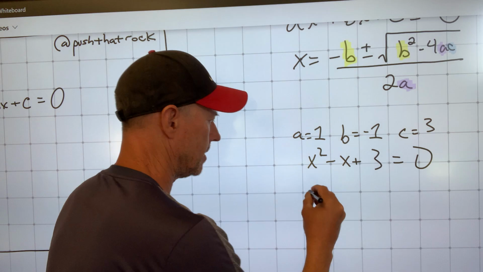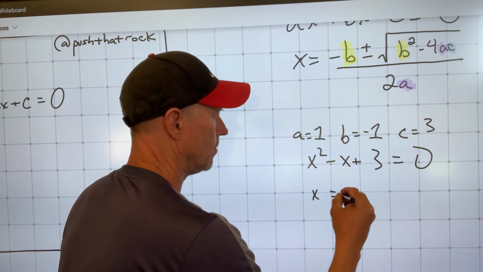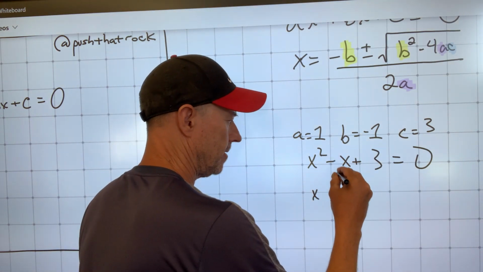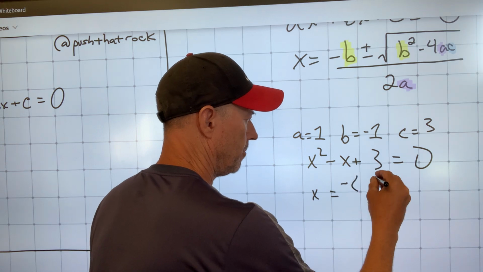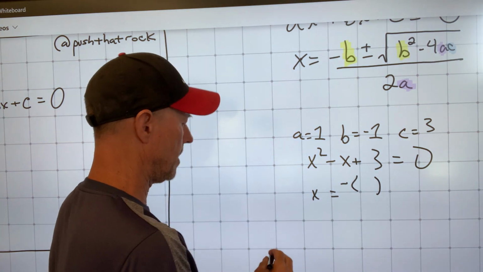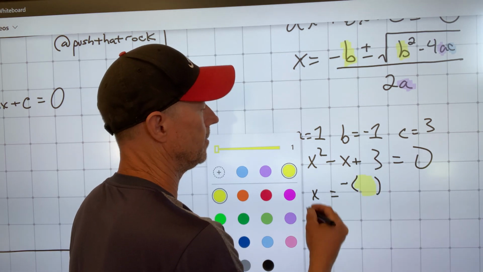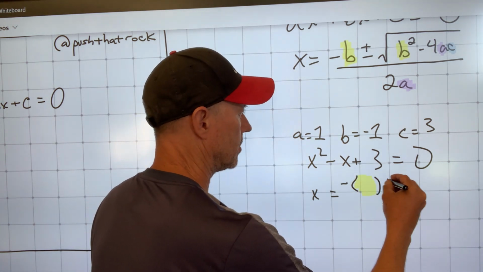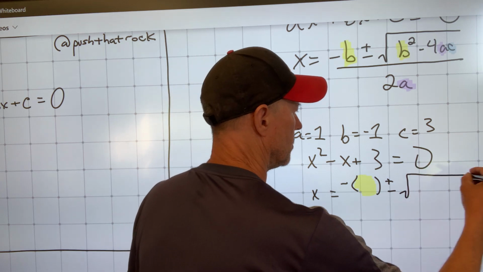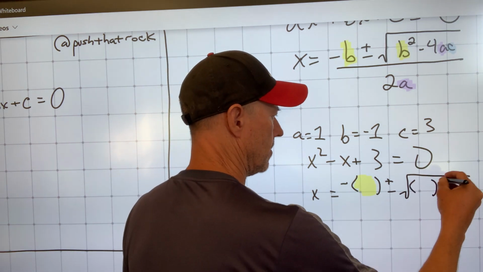So the formula says that you will have x equals the opposite of b, so negative b. Remember, b is this yellow term right here, plus or minus the square root of b squared.